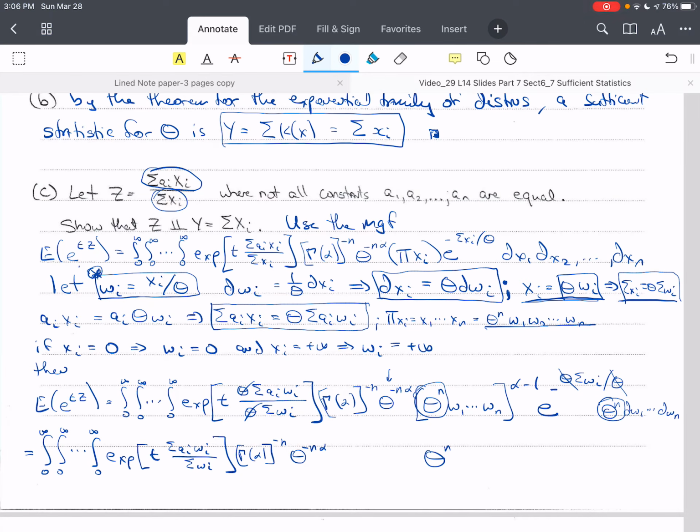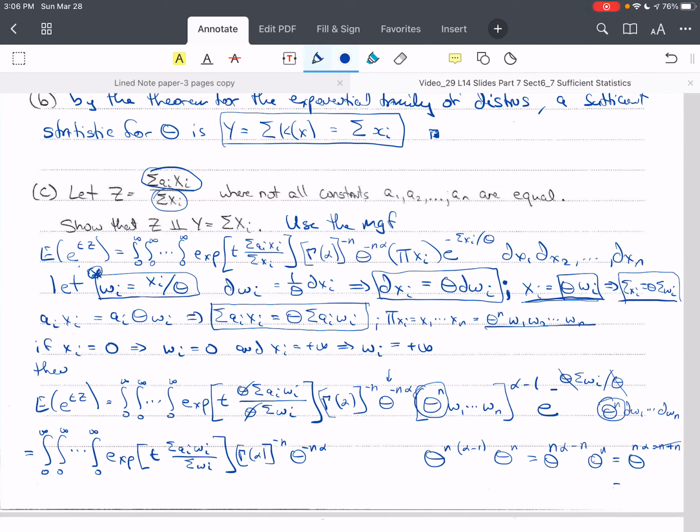So theta to the n, alpha minus 1, and then theta to the n. This is going to be theta to the n alpha minus n, theta to the n, which is equal to theta to the n alpha minus n plus n.